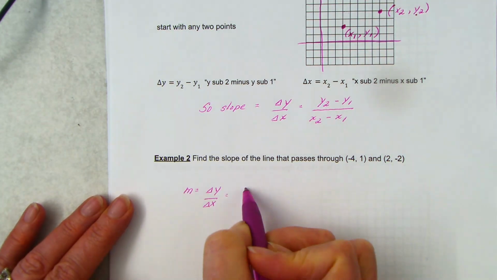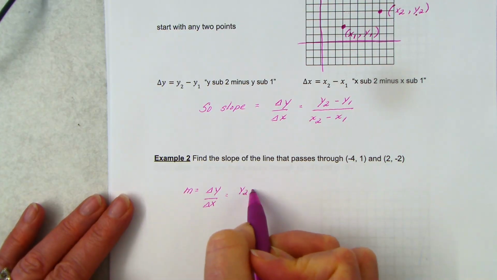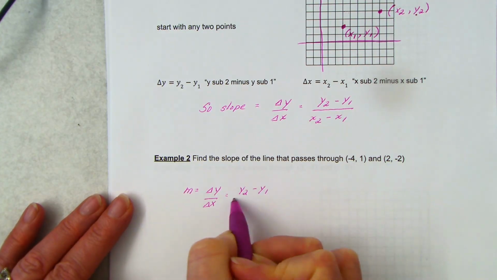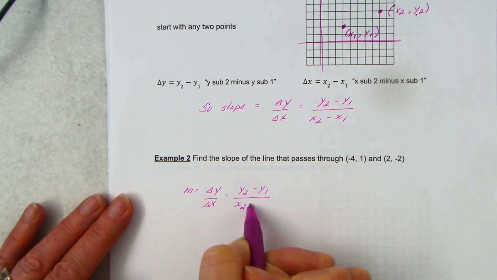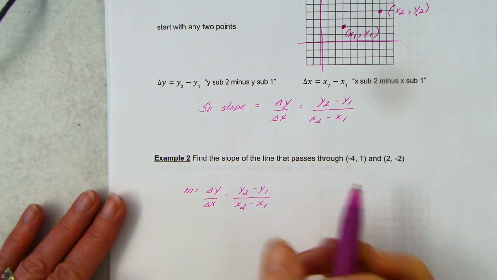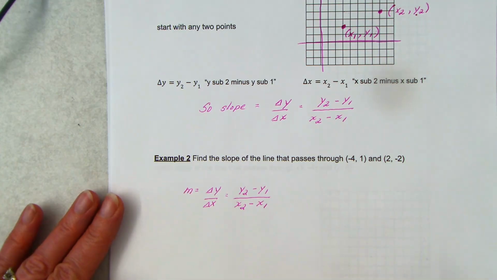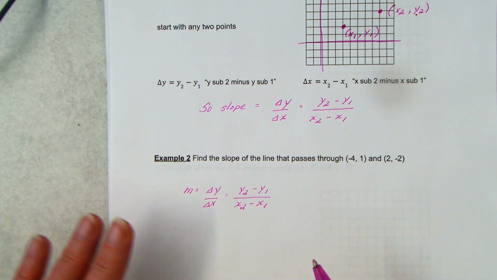And I find out how much my y has changed by doing y sub 2 minus y sub 1. And the change in the x is the second x value minus the first x value. It's always a good idea to write out the formula and substitute in the numbers, at least at first when you're learning, especially in notes, so that you can see where the numbers are coming from.